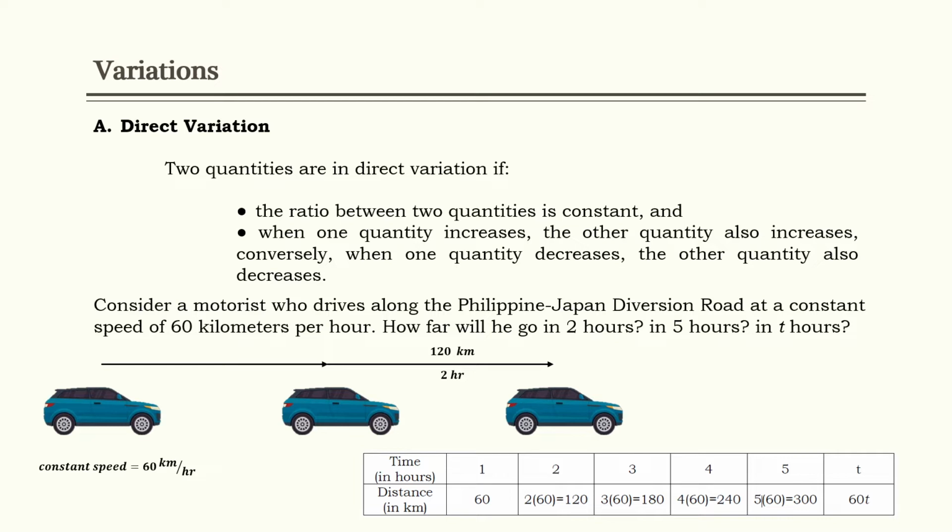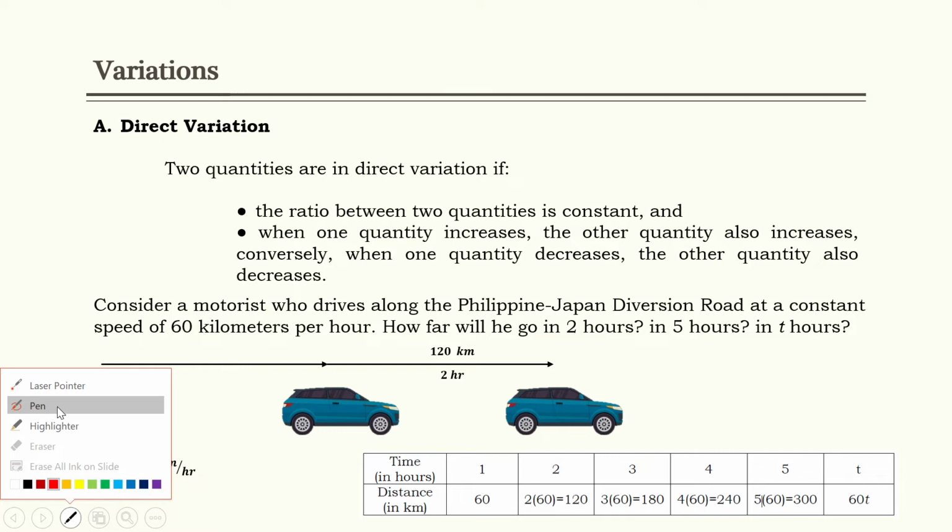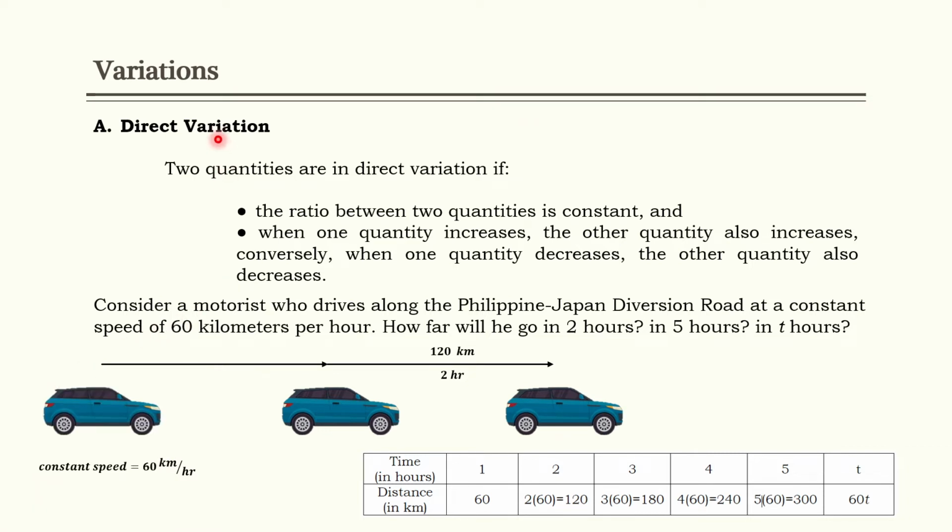With that said, if you can see the table, according sa definition ng direct variation, pag tumaas yung isang bagay, normally tataas din yung isang bagay. So tingnan natin, in an hour, 60 kilometers yung distance na travel niya.